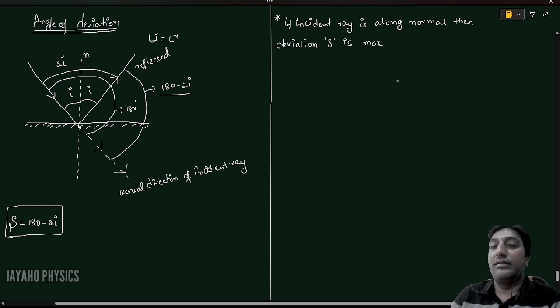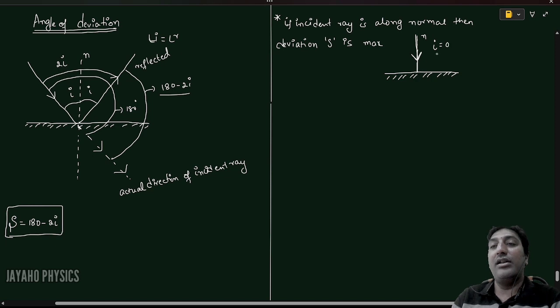How can we get this? Suppose this is the plane mirror, and here is the normal, and this is the incident ray, directed along the normal.